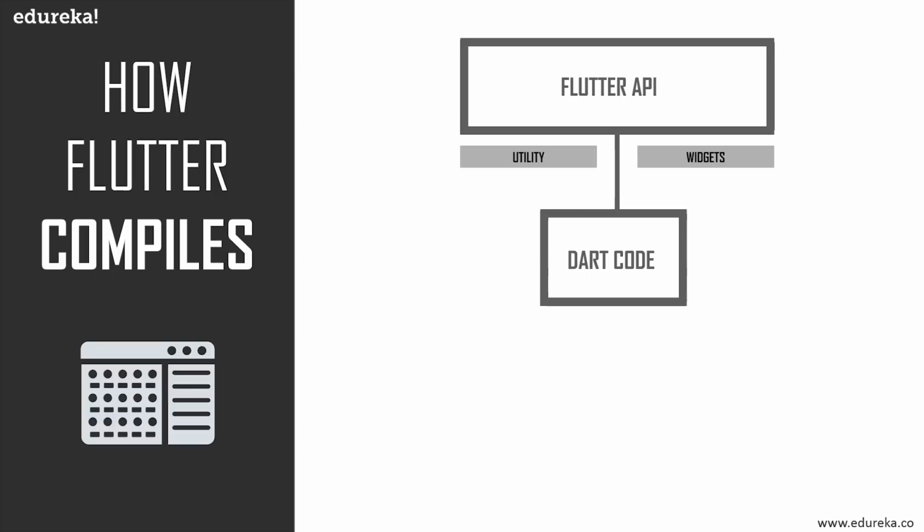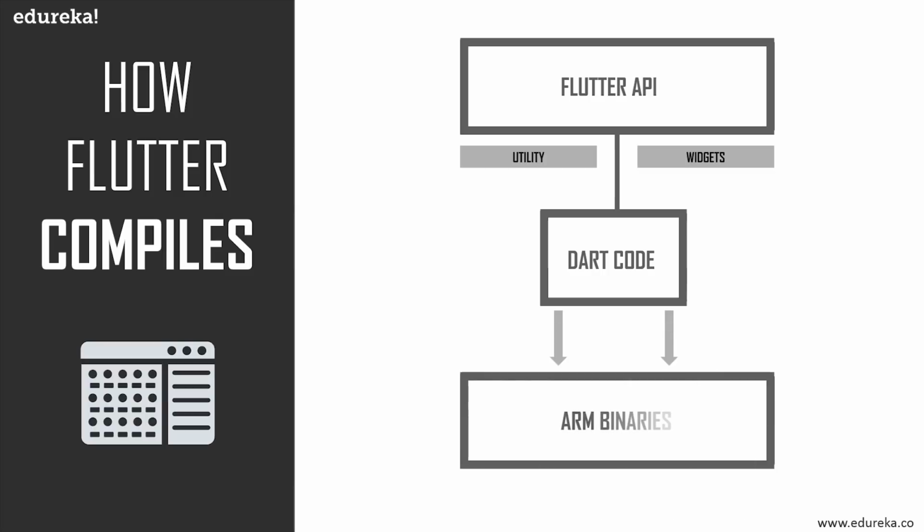Now this Dart code is then compiled into ARM binaries, which are understood by both iOS and Android. So basically, you are not using a specific compiler to get different codes for different systems. What you do is just compile them into ARM binaries, which are understood by both platforms, and this is done by the Flutter SDK.